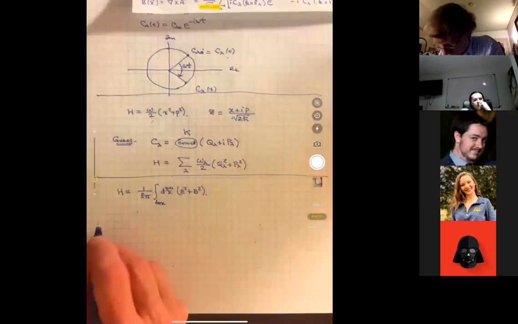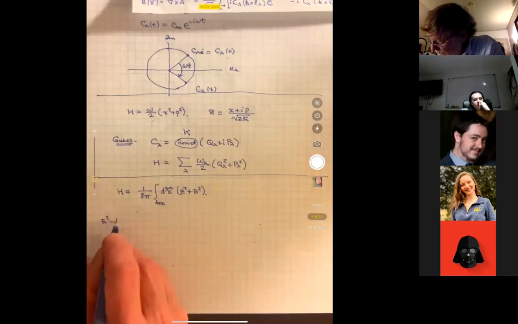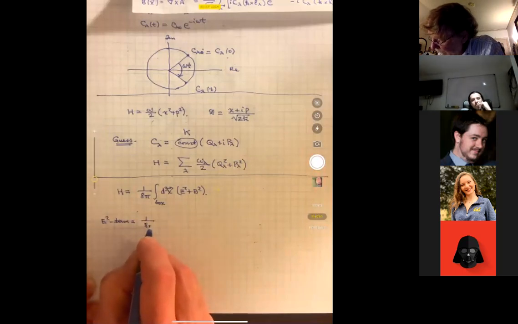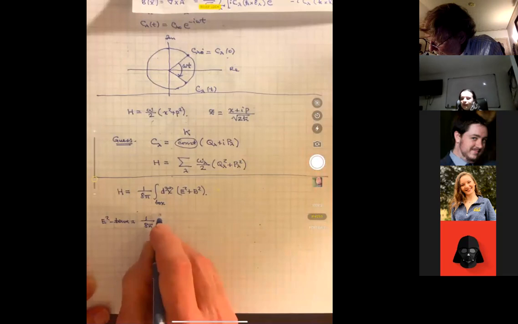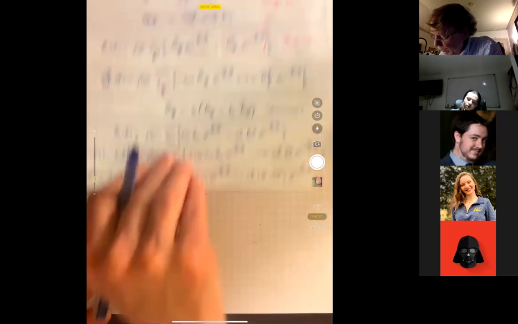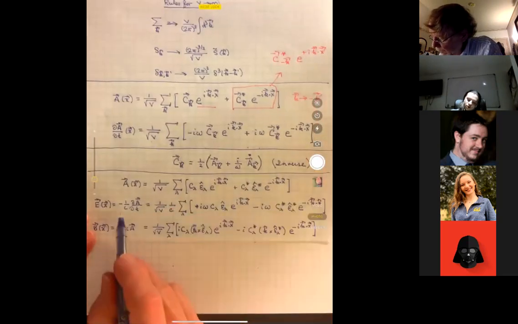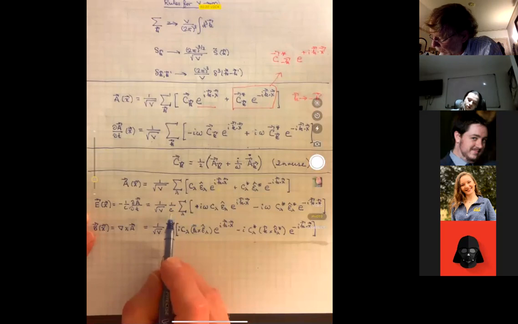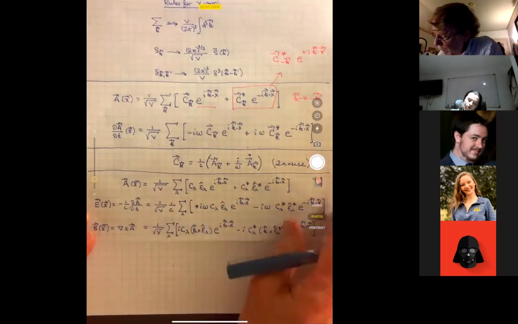Let's take the E squared term. That's going to be equal to 1 over 8 pi times the integral over the box, d cubed x. And if I look at the Fourier series for the electric field, it's got 1 over root V times 1 over c, and then the lambda sum here.